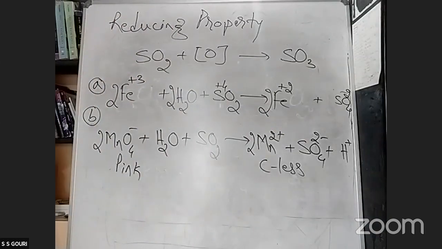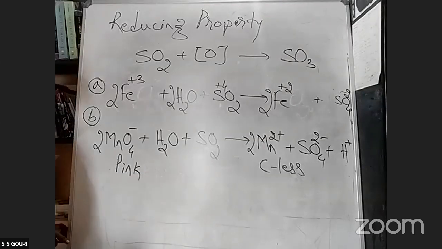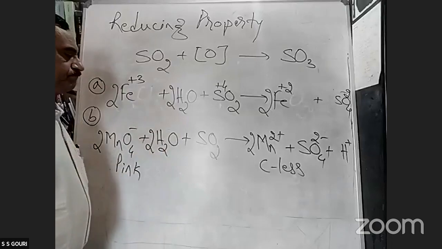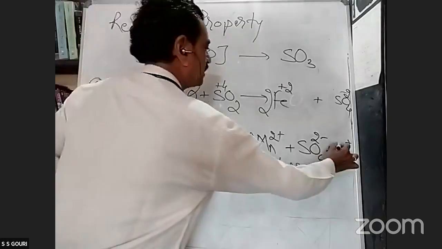Okay, and then oxygen and sulfur. Oxygen, sulfur, hydrogen ಎಲ್ಲ ಬ್ಯಾಲೆನ್ಸ್ ಮಾಡಬೇಕಲ್ಲ. I have to take 2H2O here, 4H plus ion.